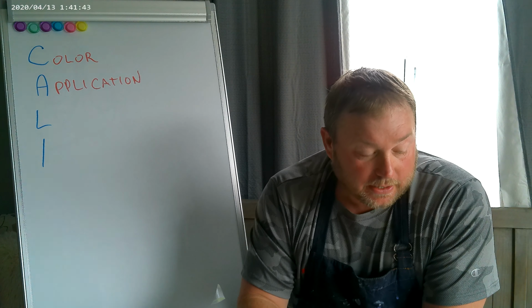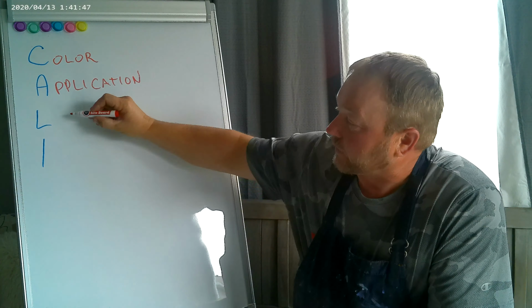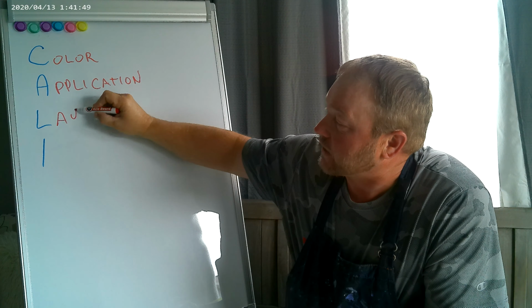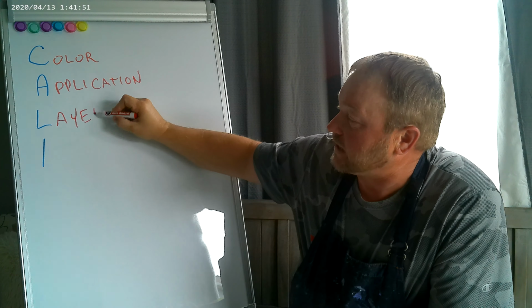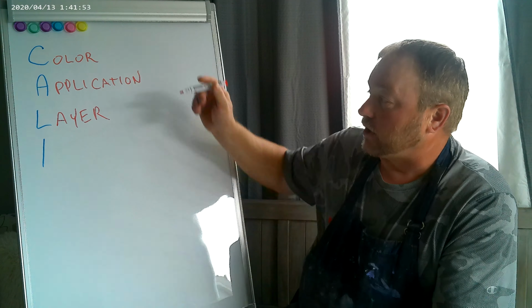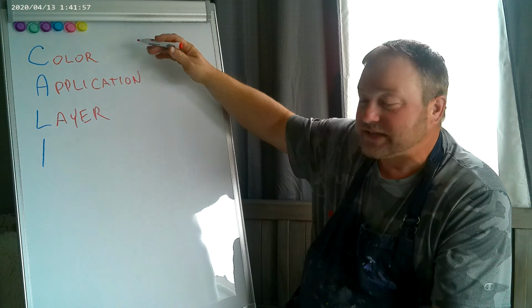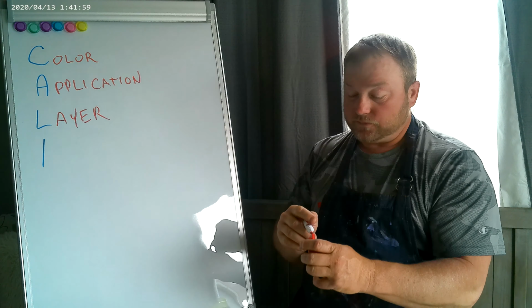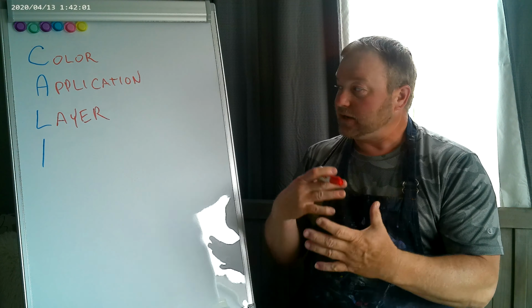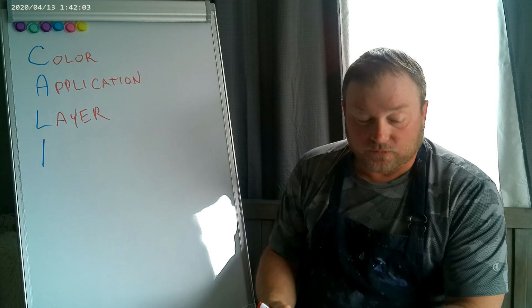Okay, layers. And all these tie in together. How we layer it, that is very important. The color, how we put it on, how we layer it, all these tie in together to create cells, to create that look that we're looking for.